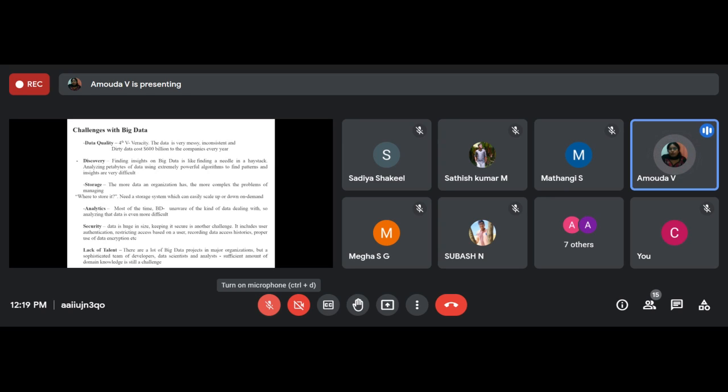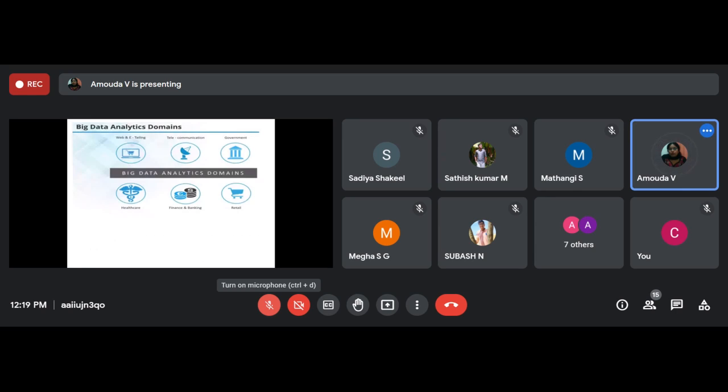If they know how to use the tools and techniques and the analysis part, how to pre-process the data, all those things. Tools are available without the programming part. That's what we are going to see in the practical session. You should become a perfect data analyst, with programming and without programming also.